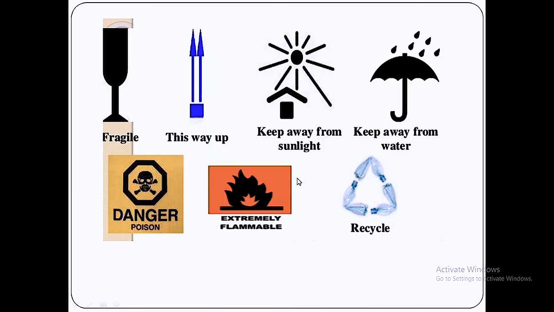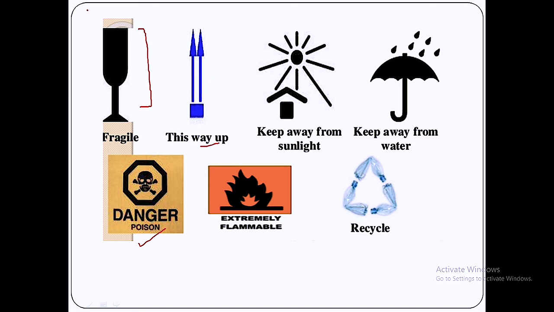Now these are some of the basic symbols we come across. Whenever there's some danger sign, you know there's a poison or a danger in terms of pharmaceutical packaging. When there's this kind of symbol, it means fragile. This arrow sign means this way up.